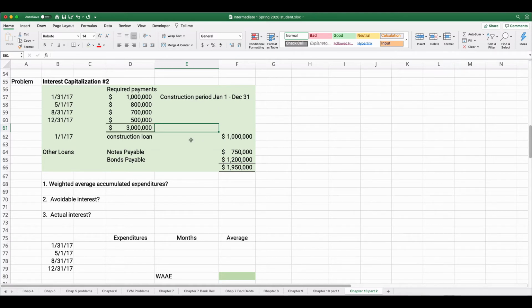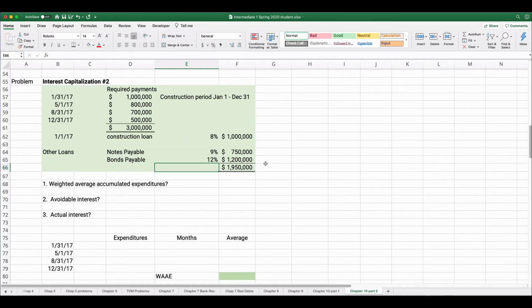The construction loan, once again, I think I got rid of the interest rates. The construction loan is going to be $1 million at 8%. And then the notes payable is going to be 9%. And the bonds payable is going to be 12%.